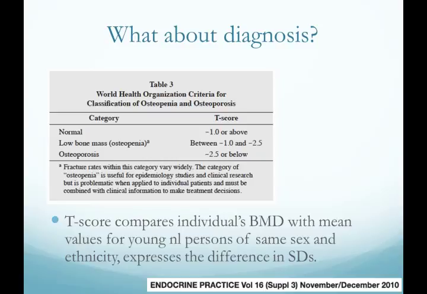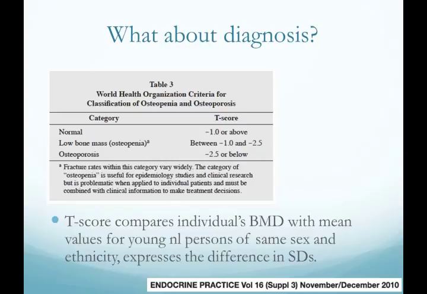The numbers that come out of this report, there are two numbers that come out. One of them is a T-score and the other one is a Z-score. What is a T-score? The T-score compares that patient's bone mineral density with the average bone mineral density for normal young people of the same sex and same ethnicity.